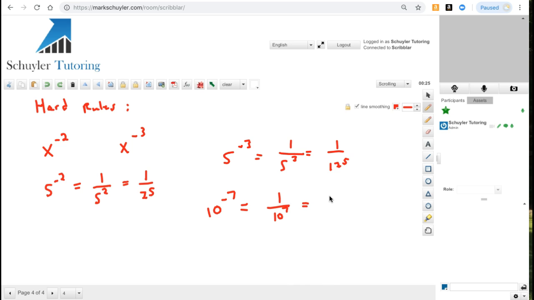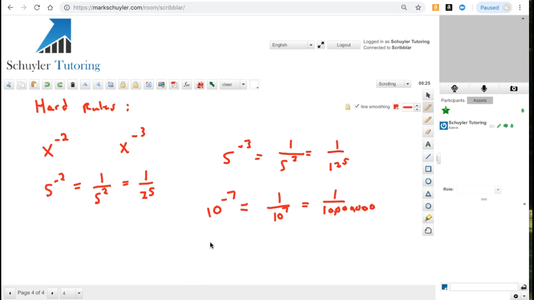And 10 to the 7th is a 1 followed by 7 zeros. Let me put the commas in where they belong. So that's 1 over 10 million. So 1/10,000,000th of a centimeter is how small the Ebola virus would be.